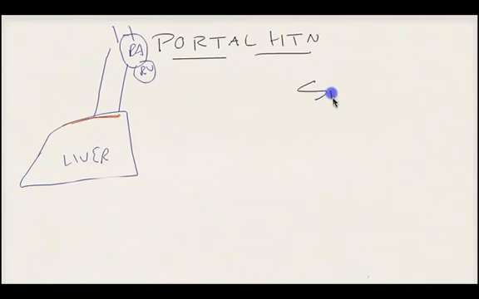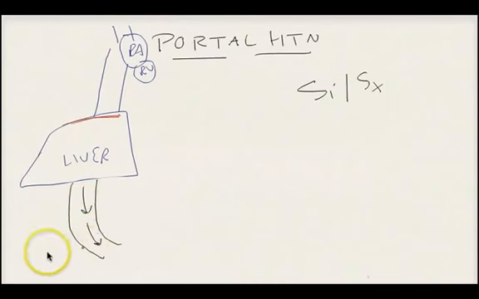Now, when it comes to the signs and the symptoms of portal hypertension, this is one of those concepts that you can easily understand. All you need to do is think about this portal vein and think about what kind of symptoms will occur if blood is pushed back from where it came from. Remember the concept we discussed earlier when we talked about hydrostatic versus oncotic pressures.